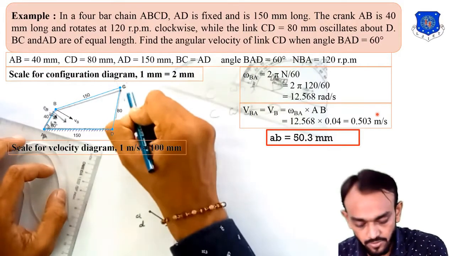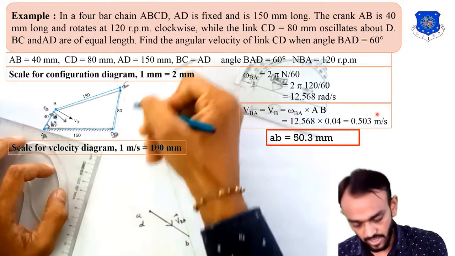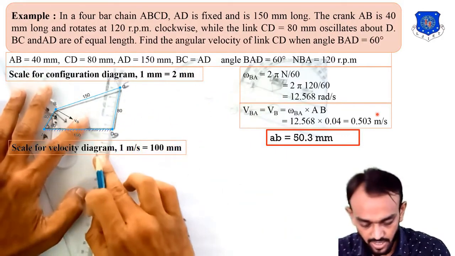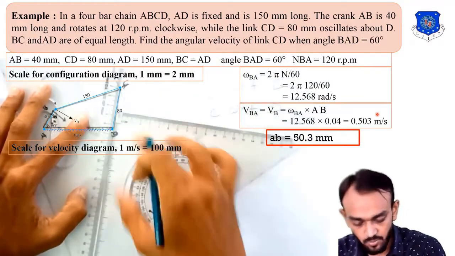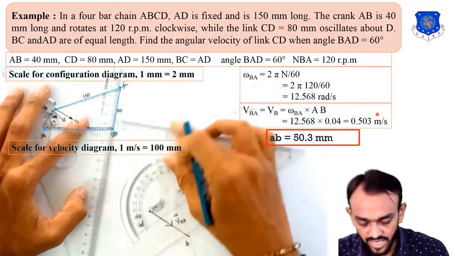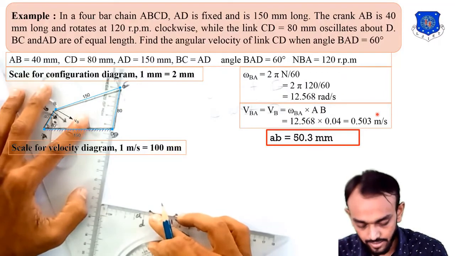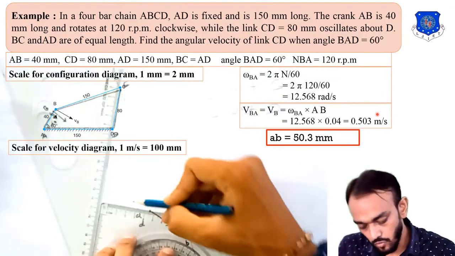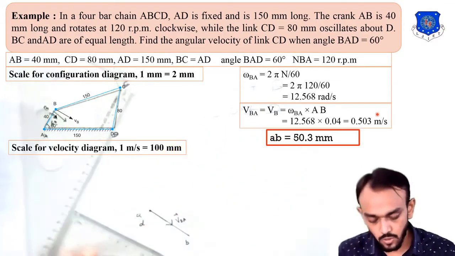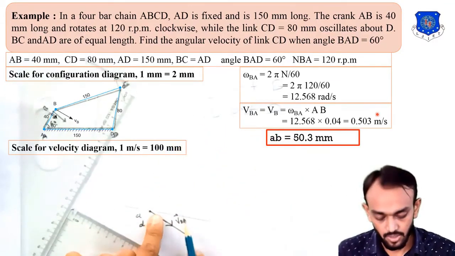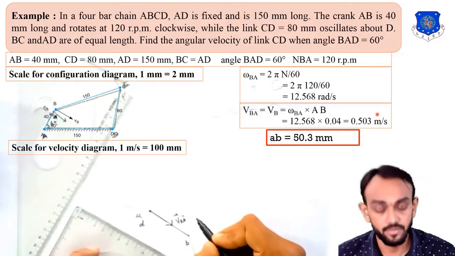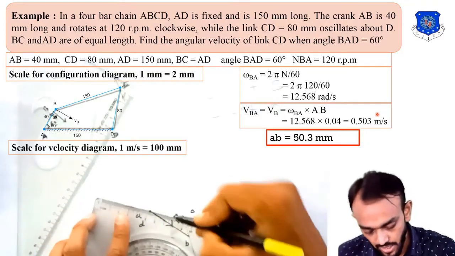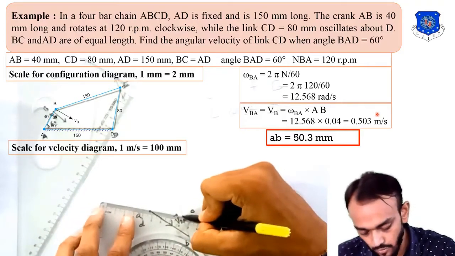Velocity of C with respect to D, so I will put the set square here like this, and draw this perpendicular from the D point. You can see that when these two lines intersect, the point you get will be the C point, and you can darken this line also.